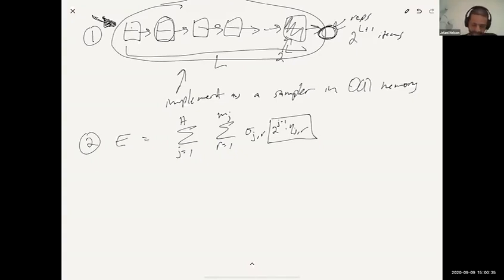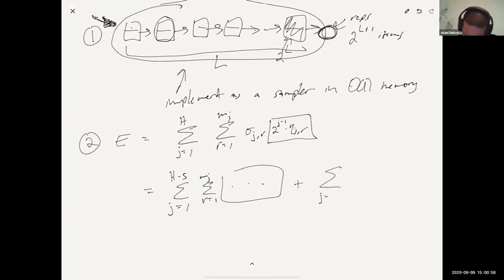So what they do is they actually separate this double sum into 2 parts. They say that this is the sum of small j, j goes from 1 to h minus s, so don't go to the end, of the sum over r from 1 to mj of all that stuff, plus the sum j goes from h minus s plus 1 to h of the sum r goes from 1 to mj of sigma jr eta jr times 2 to the j minus 1.